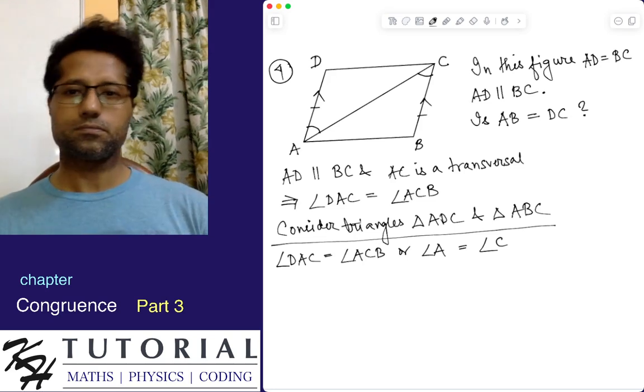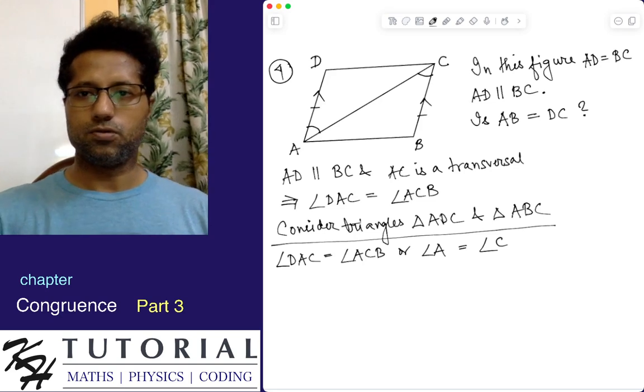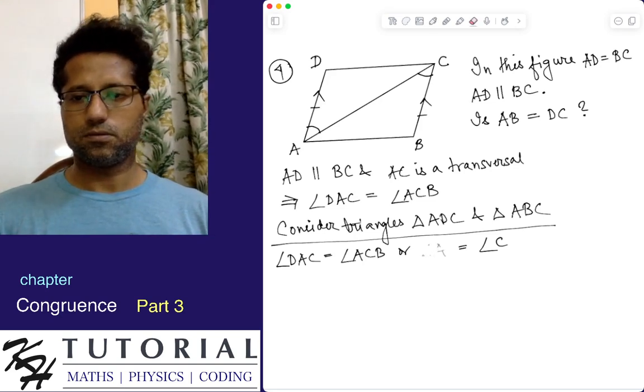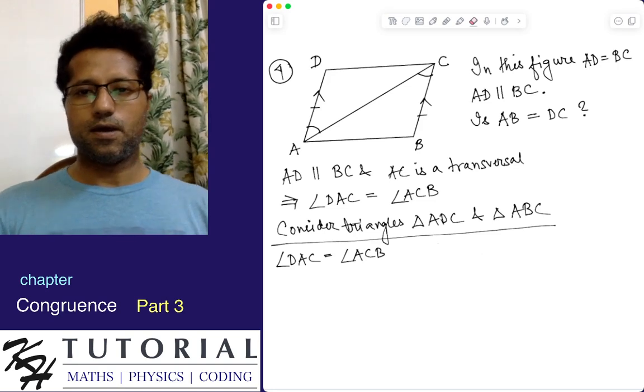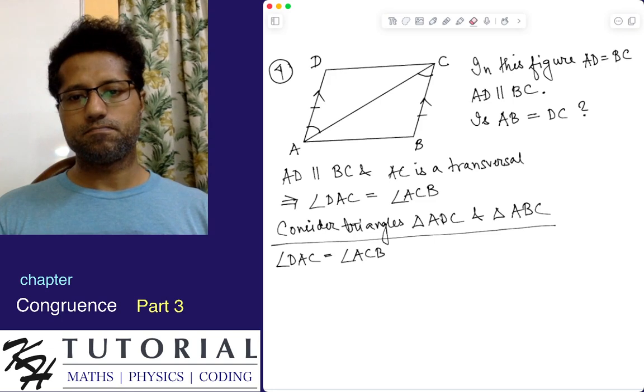Actually, we should not write this, this will not be really correct. Let it be like this. We have angle DAC is equal to angle ACB.